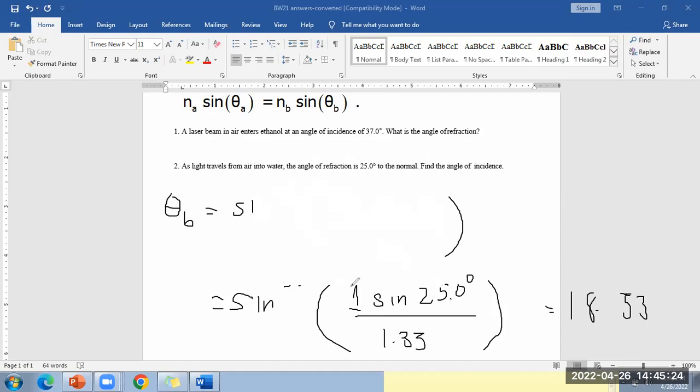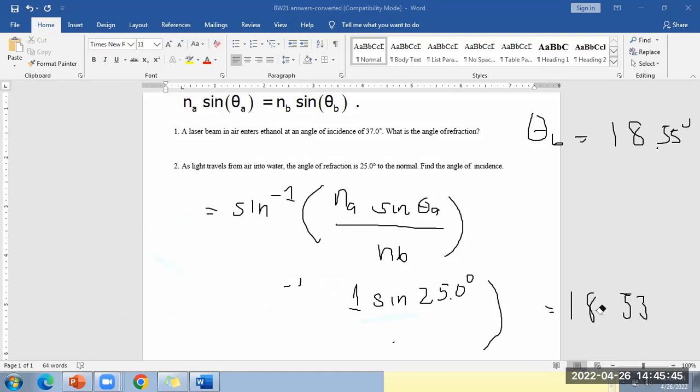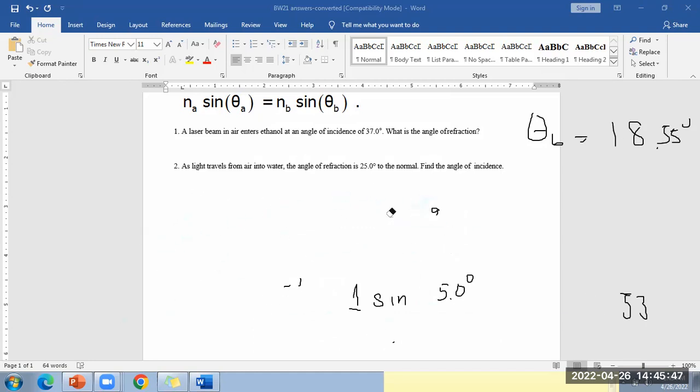So, pag binaligtad mo naman, halimbawa, ang given mo naman ay A, answer natin kapag angle B ang hanapin ay 18.53 degree. So, pag iba naman yung given mo, yung sagot natin depende kung ano yung nawawalang value, di ba?